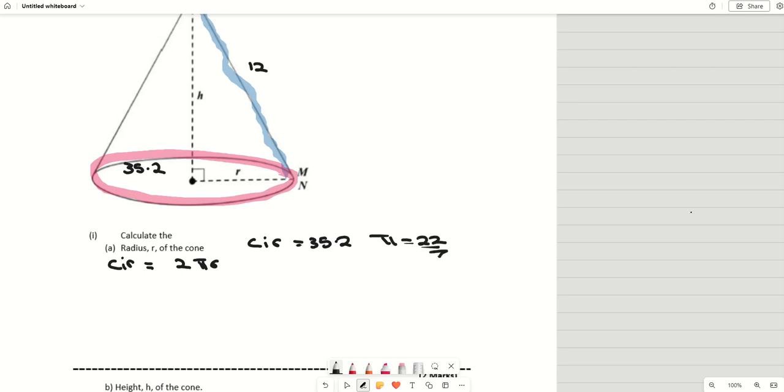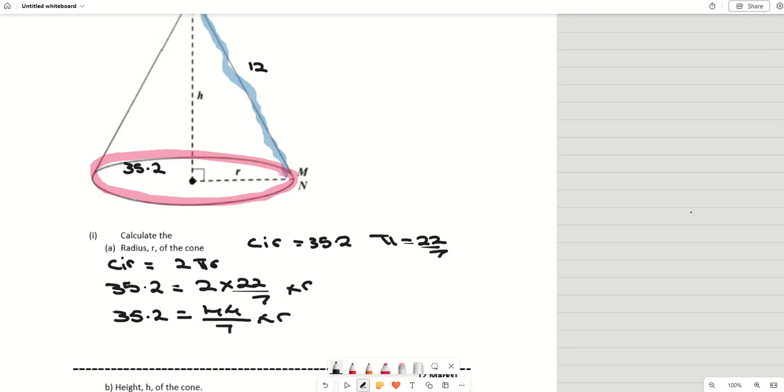So, making r the subject, we put in 35.2 is equal to 2 multiplied by 22 over 7 multiplied by r. We don't know what r is, so 35.2 is equal to 44 over 7 multiplied by r, since multiplying 2 by 22 is 44.